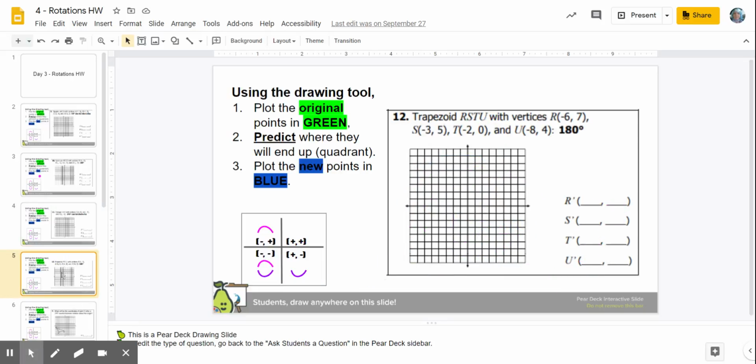How would I start number 5? Let's pick a point. We want to do R, S, T, or U. You guys choose. U. Okay. What quadrant does U start in?